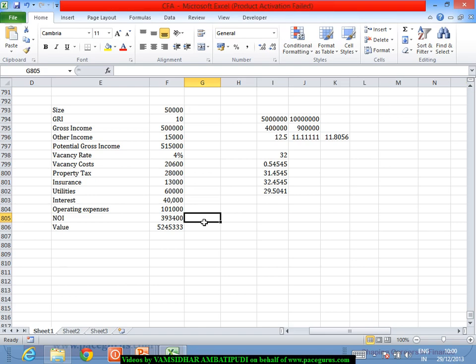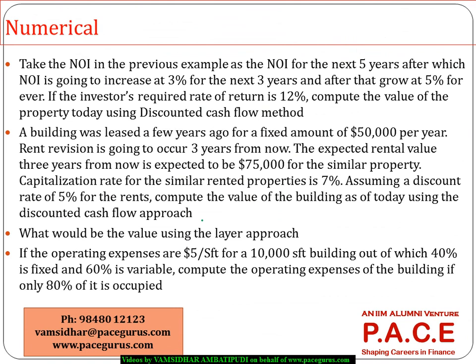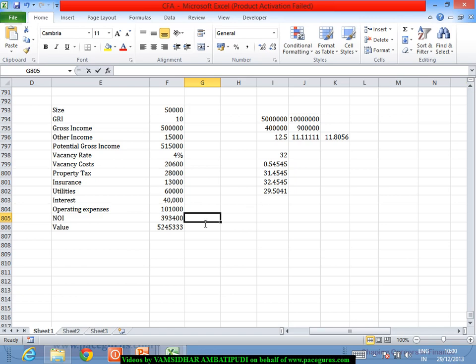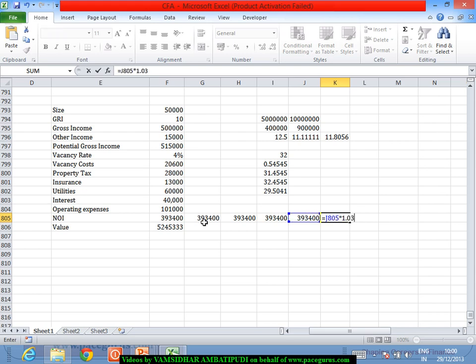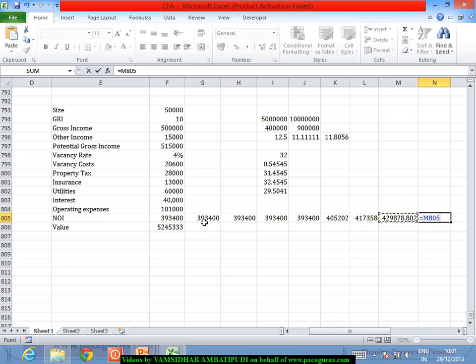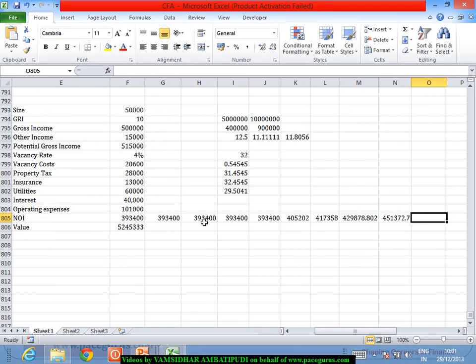Take this as the NOI for the next 5 years, and after that NOI is going to increase at 3% for the next 3 years, and after that it is going to grow at the rate of 5% forever.